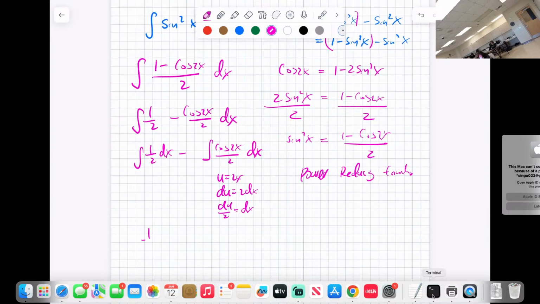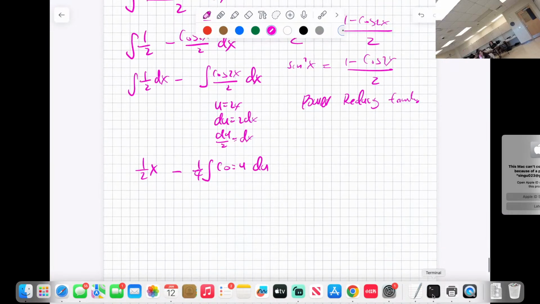So that becomes 1/2 x minus the integration of cosine of u, and this one's going to be du over 4. Is that okay?